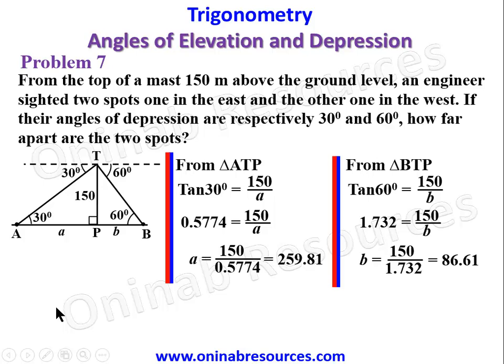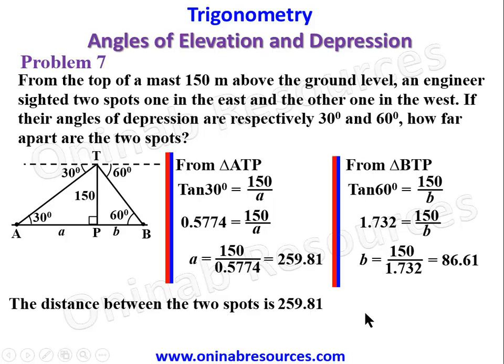And now the distance between the two spots is 259.81 plus 86.61, and that will give us 346.42 meters. And since we are not given any degree of accuracy, we leave the distance between the two spots as 346.42. And that's the end of solution to this problem, and this is the end of this tutorial.